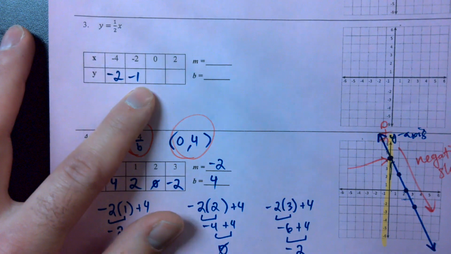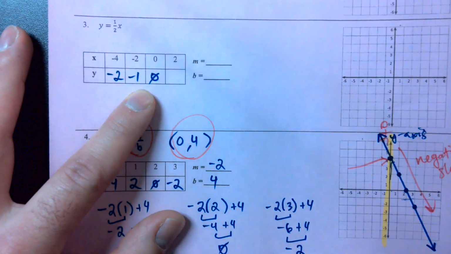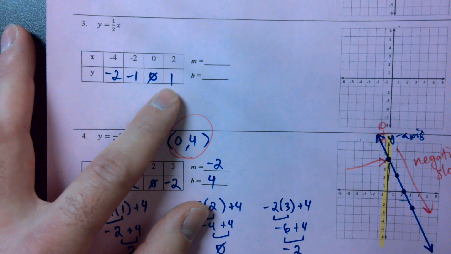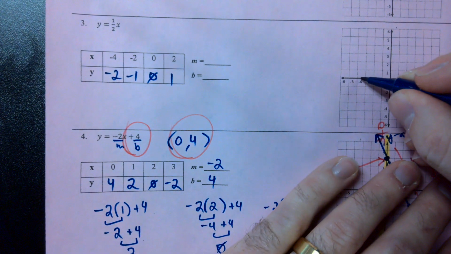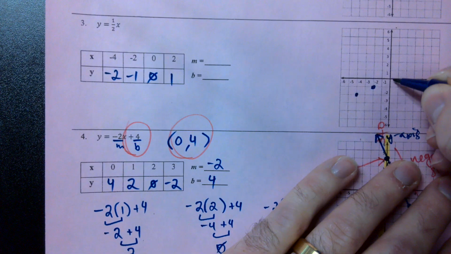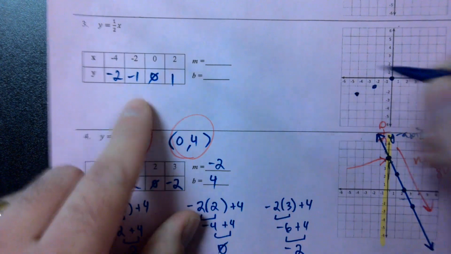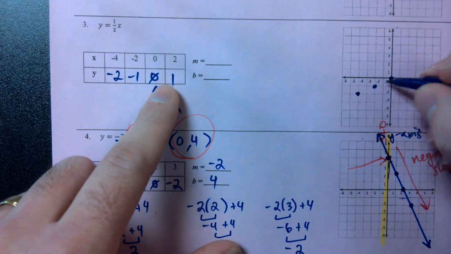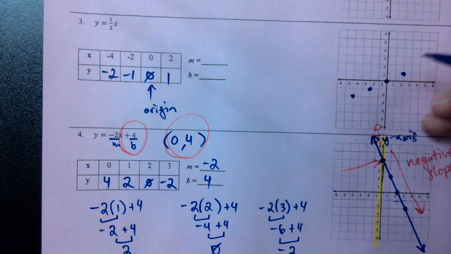What's half of 0? 0. And half of 2? Just 1. So -4, -2, -2, -1, 0, 0. Hey, what do we call that again? The origin. And 2, 1.